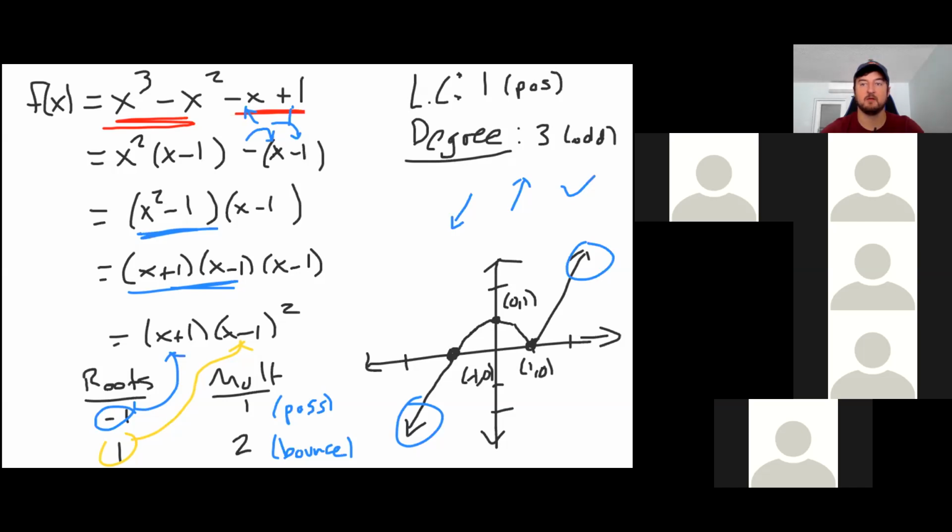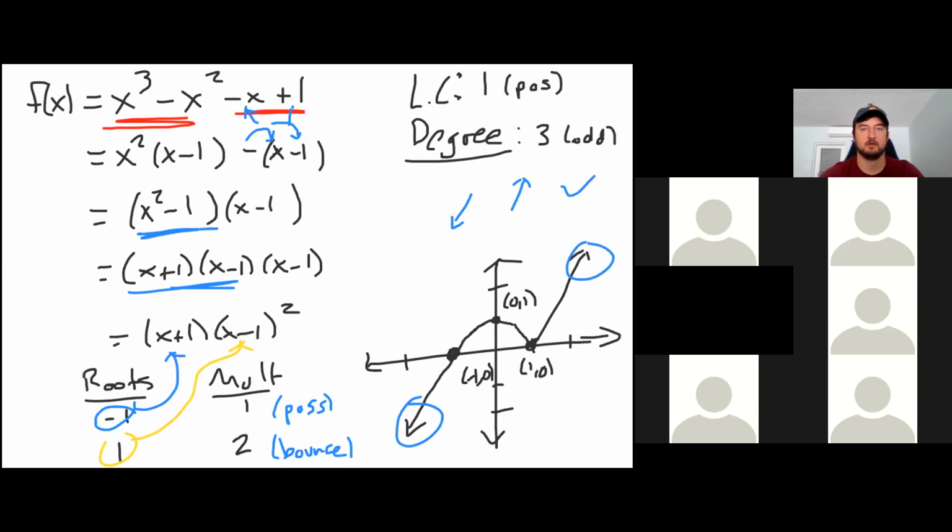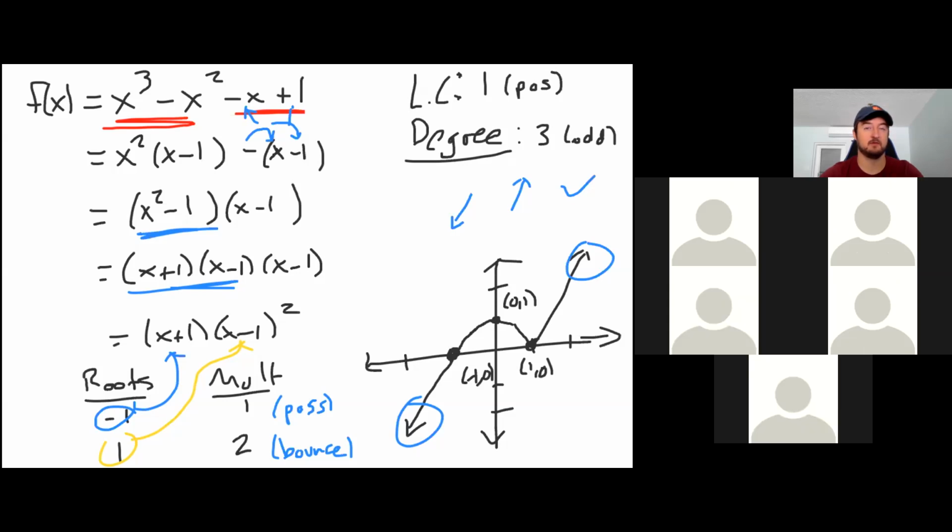So what do you mean by go over the graph, Mona Lisa? Like how we got it, just overall? Or like the roots, the bounce part.